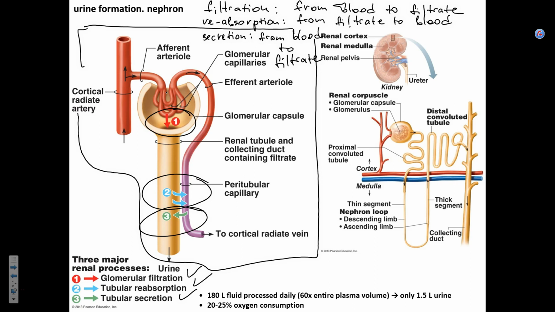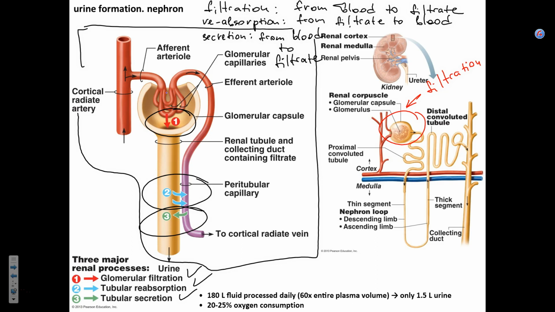Okay. Now, nephron. What does it consist of? So first, it's a renal corpuscle, which consists of glomerulus, a bunch of capillaries, and glomerular capsule. Renal corpuscle is responsible for the filtration. Okay?